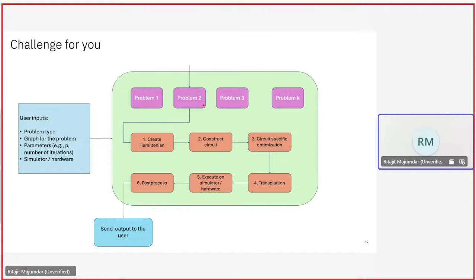So given a problem, how do you create the Hamiltonian? Of course, there are many defined problems, but there are still many undefined problems. There has been a recent paper from IBM along with many institutes and industries. It's called, I think, benchmarking optimization decathlon or something.